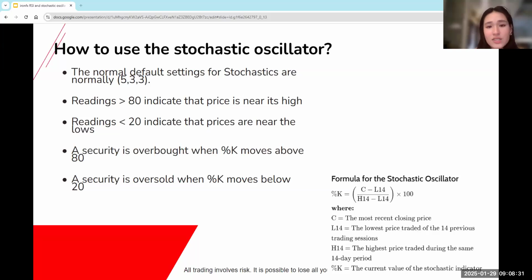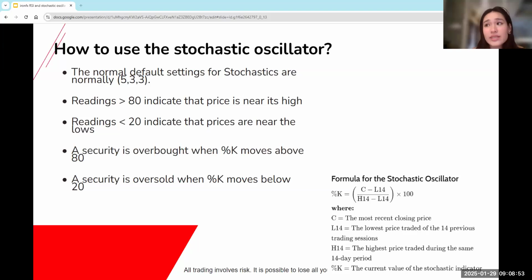When K crosses above that line, it's considered a buy signal, and when it crosses below, it's considered a sell signal. Traders also look for divergence between the price of the instrument and the stochastic oscillator, which can indicate a potential trend reversal. We'll touch a bit on that later.